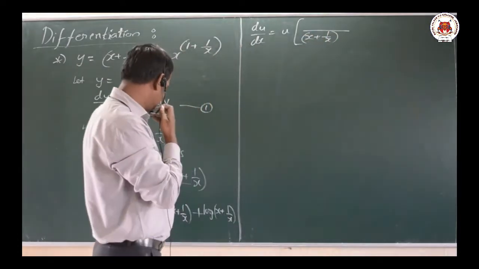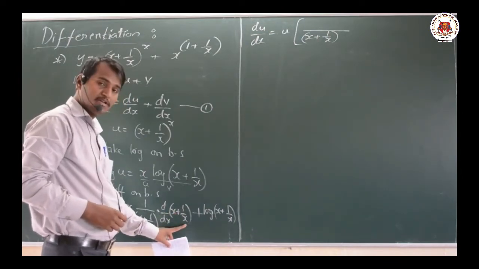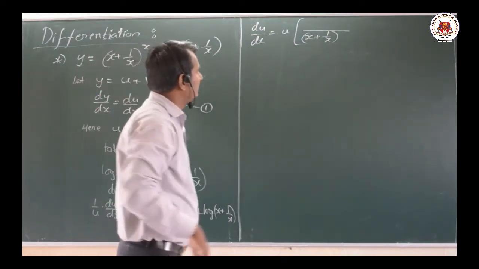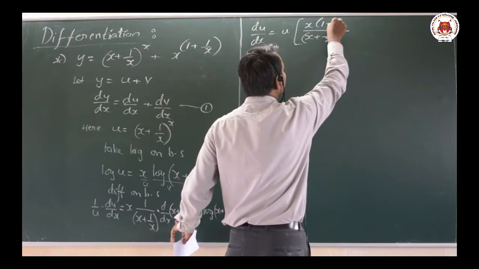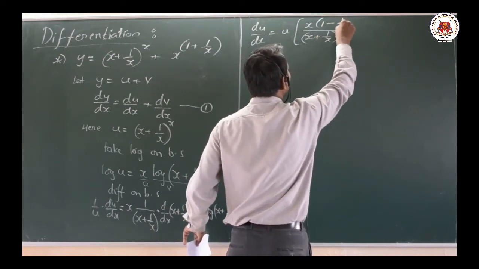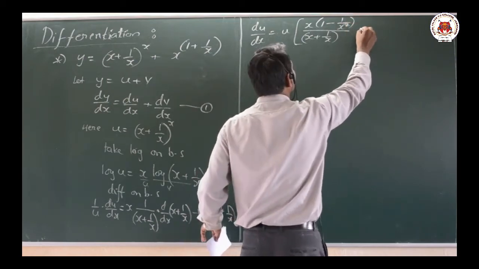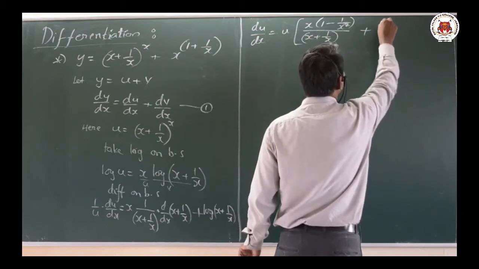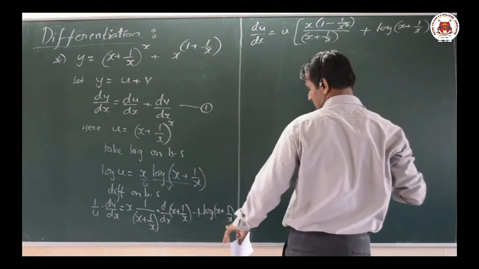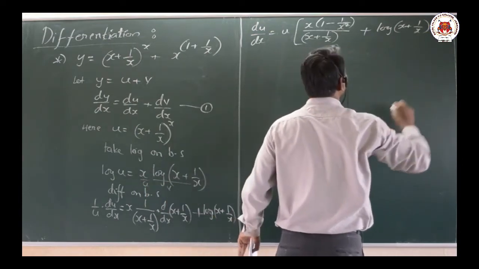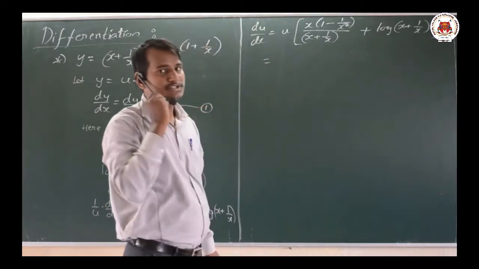Okay, next part is, here I will differentiate this, x differentiation will be 1, 1 by x differentiation will be minus 1 by x square, that is nothing but here x as it is, x differentiation is 1, 1 by x differentiation minus 1 by x square, this is the first part, plus of what we have here, log of x plus 1 by x here into 1, that is nothing but x differentiation will be 1 here. I will close down the brackets, which is equal to, now little bit simplification I can do here.